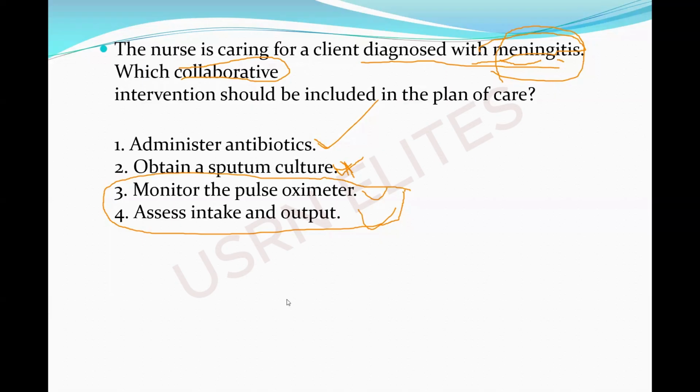So option two is out. If the question says the person has been diagnosed, that comes back to option one, which is administer antibiotics. That is also a collaborative intervention. The doctor will have to order, that is one part of it, and you, the nurse, will have to administer.